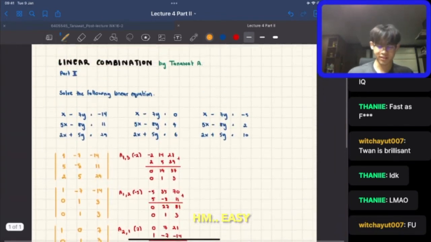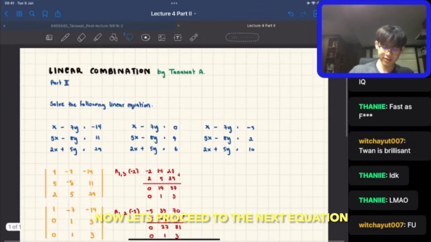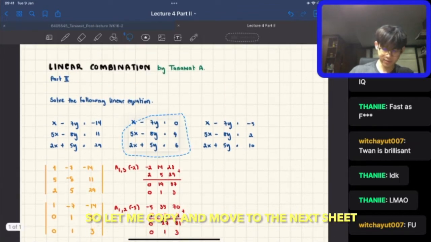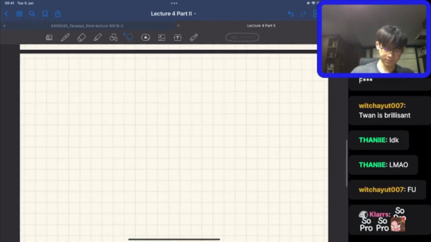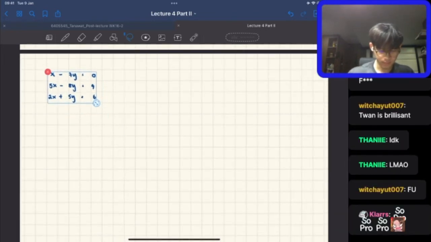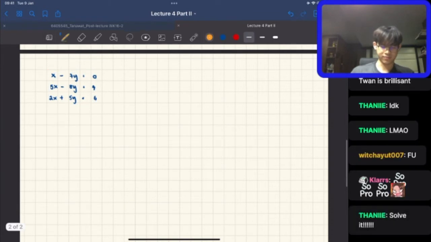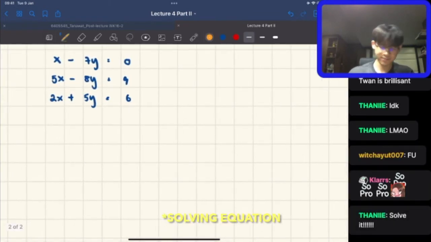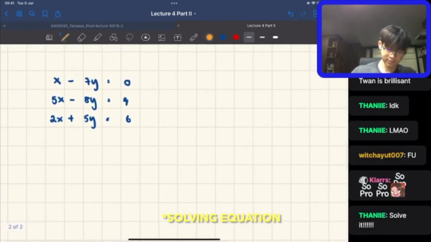Easy. So now let's proceed to the next equation. Let me copy and move to the new one. Okay, so let's do the row reduction again.